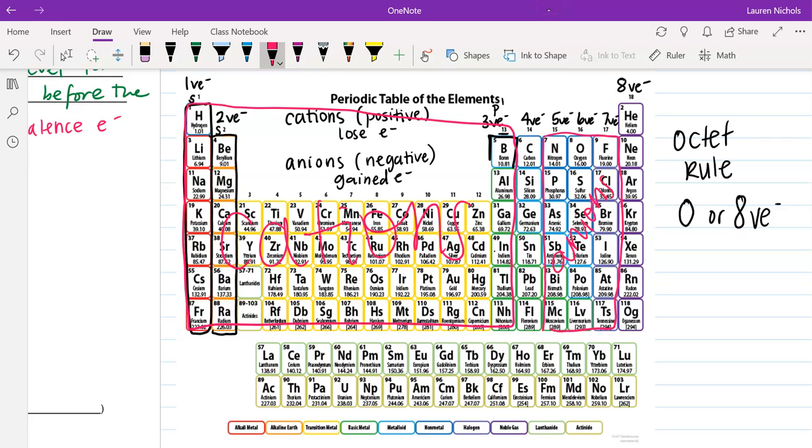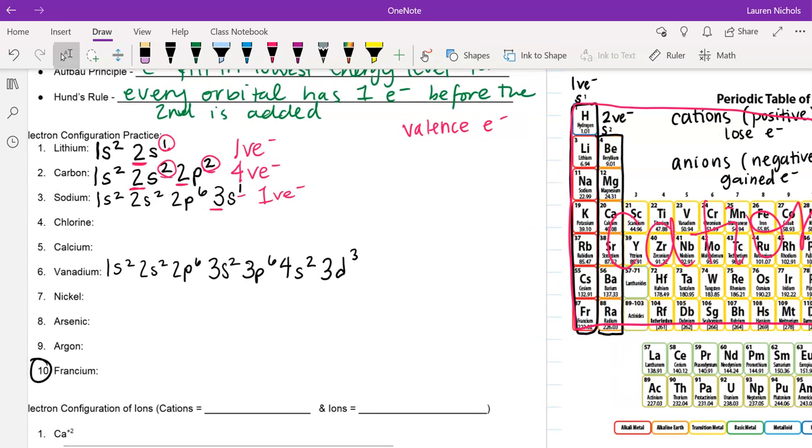So you can see there are a lot fewer anions than there are cations. If it's in column 8, then it's already stable. It has 8 valence electrons. It doesn't need to gain or lose any. And this column here, column 14, it can be both depending on the situation. And so that's why these valence electrons are important. It's why our electron configuration is important, and it's why it's important to recognize the valence electrons. You can tell that based on where they are, or you can look at their electron configuration.